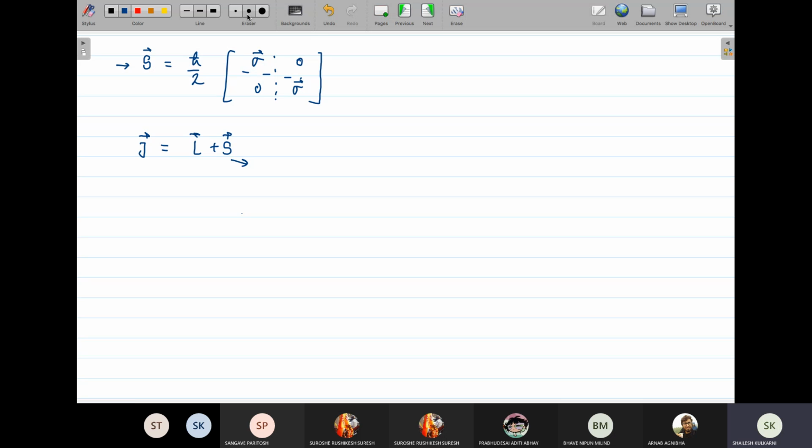But it is clear that the Dirac theory contains more degrees of freedom than what one should expect, and that extra degree of freedom is spin. So I will stop here, and in the next class we are going to discuss plane wave solutions of the Dirac equation and other properties. If you have any questions, you can ask.